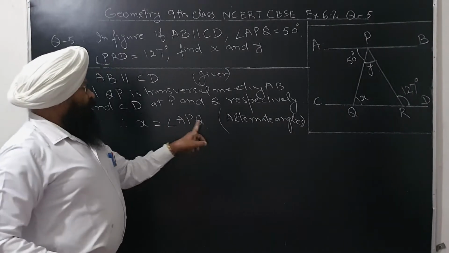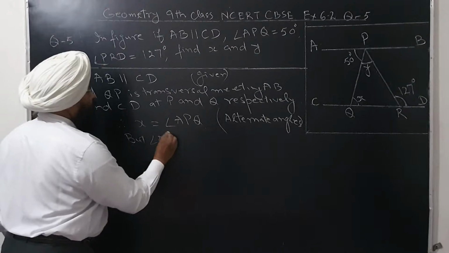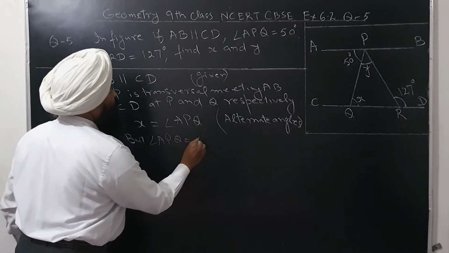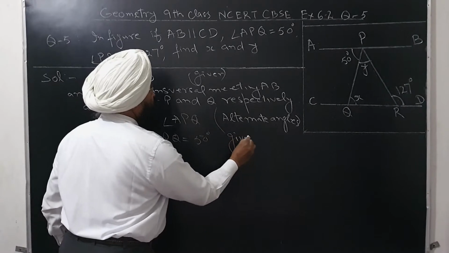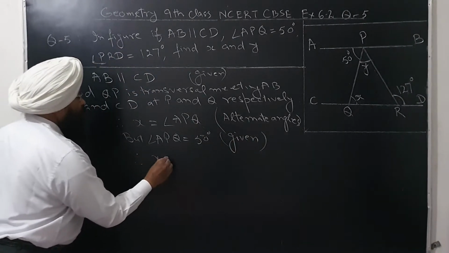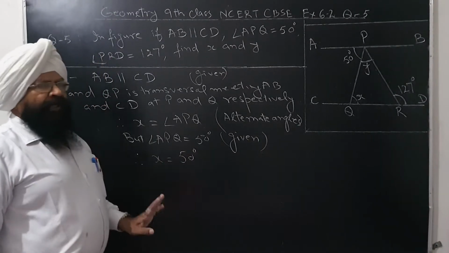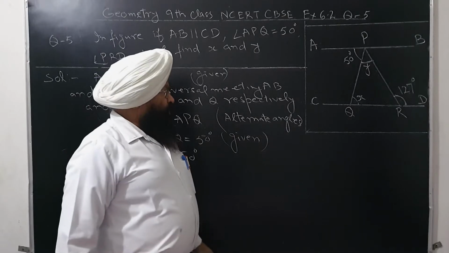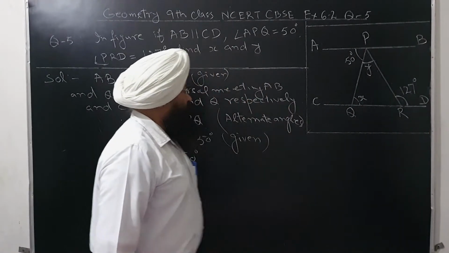But angle APQ is equal to 50 degree. It is given. Hence, angle X is equal to 50 degree. One thing we have come to know, that angle X is of 50 degree.